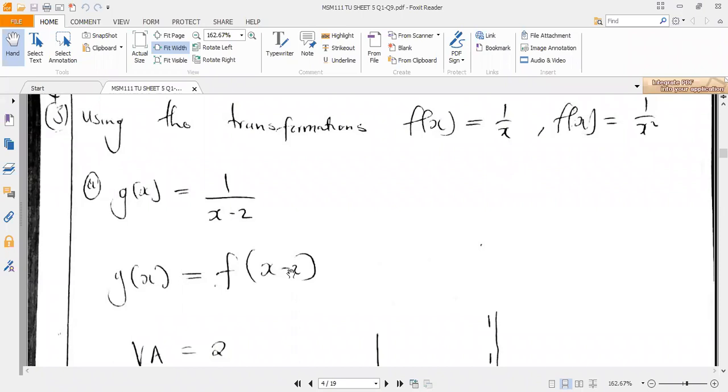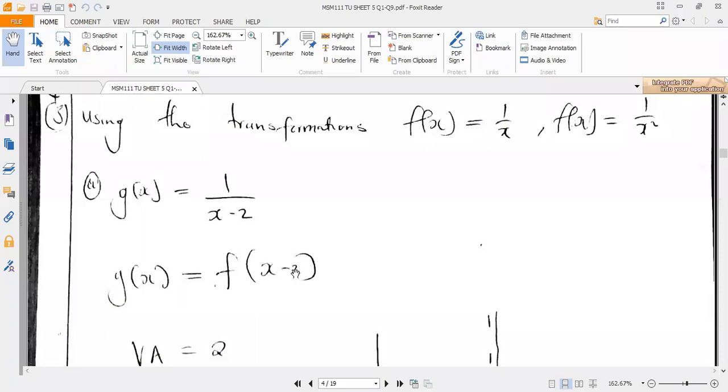But when you plug in x minus 2 in this 1/x, won't it be 1/(x minus 2)? Why are you just writing x minus 2? Yes, it will be 1/(x minus 2), which is equal to g of x. Have you noticed that? So that's why I'm saying that g of x is equal to f of x minus 2 there.